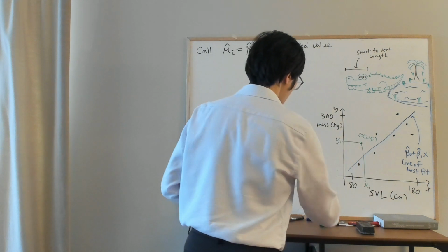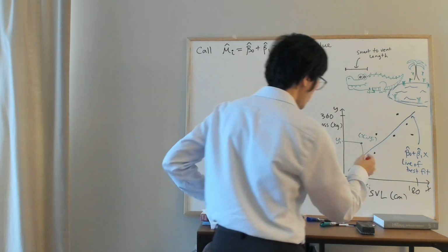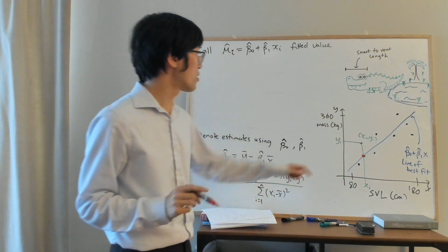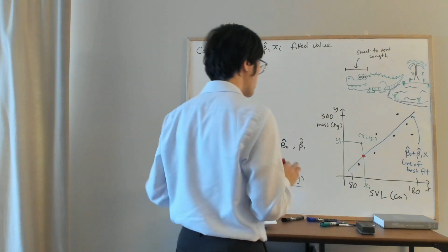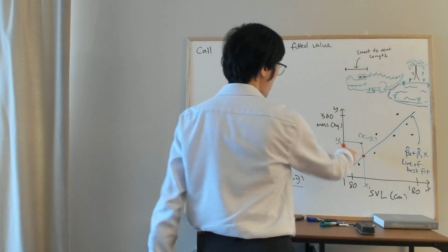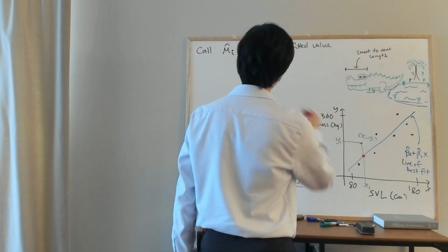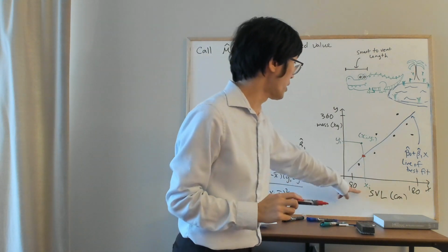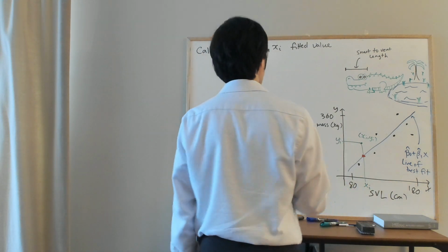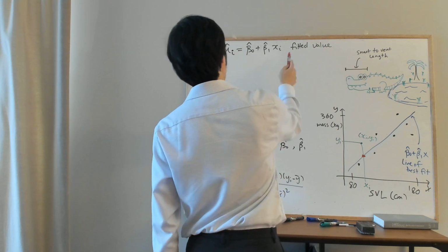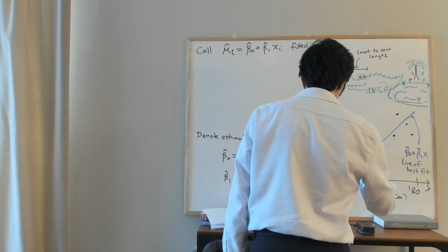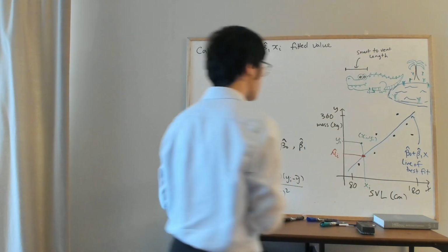The value of the line at this red point, the y value of that, represents this fitted value. It's the value of the line at xi with the intercept and slope that we have fitted. So this one here is mu i hat.